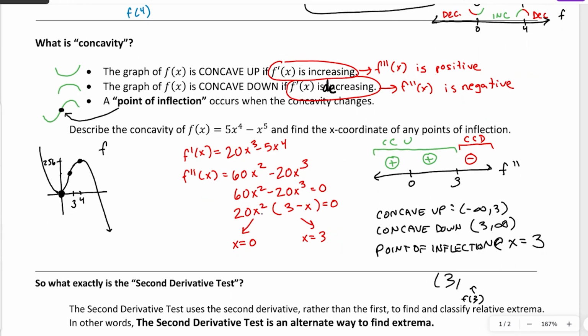This is probably going to be another calculator problem, but if we plug in 3, we get 5 times 3 to the 4th minus 3 to the 5th, so it'd be 162. So this point right here would be 162.